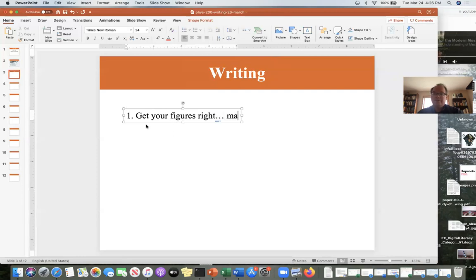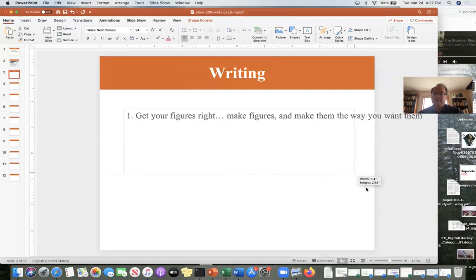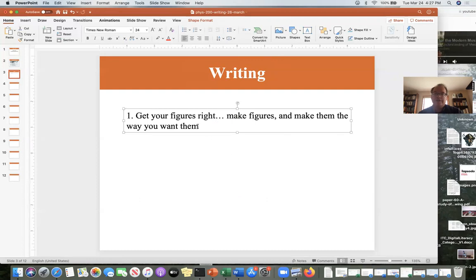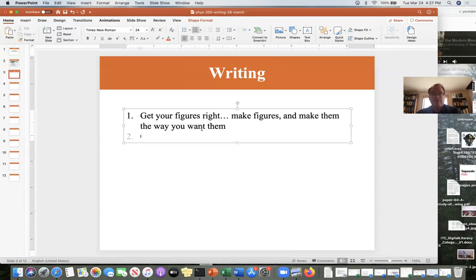Make your figures and make them the way you want them, because your figures are the things that are going to describe your entire paper. Second of all, organize your figures. Put them in the order the way you want.